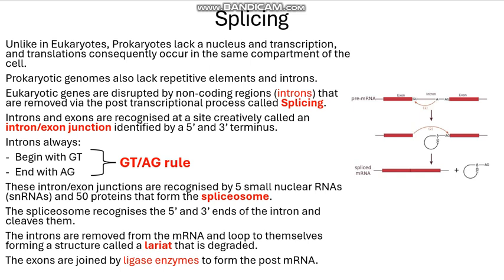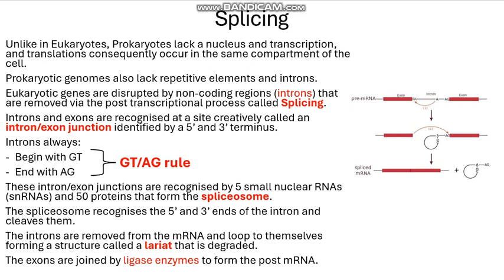The spliceosome recognizes these 5' and 3' ends of the intron and cleaves them. So think of the spliceosome as just a restriction enzyme. It recognizes the 5' GU region and the 3' AG region. So 5' being the left side of the mRNA, 3' being the right side, because we always read DNA 5' to 3'. That's just how we do it.